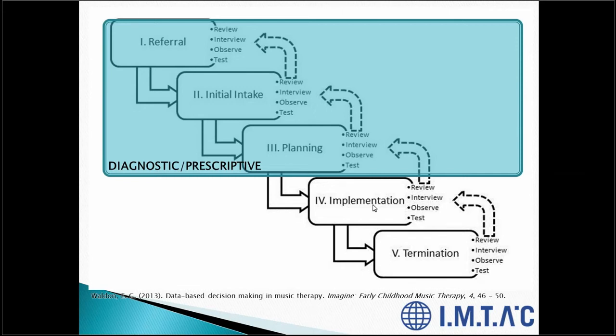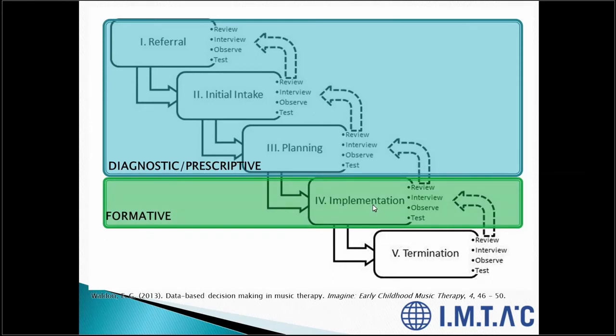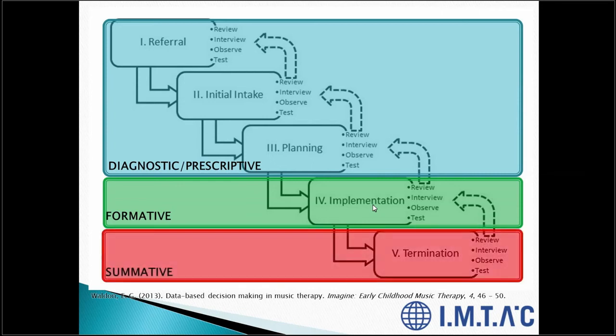And then formative assessment is occurring during the implementation stage of treatment, where we're monitoring progress and we're constantly using reviewing, interviewing, observing, and testing as a way to determine whether or not goals and objectives are being met. And then the termination stage, which is really more summative assessment.